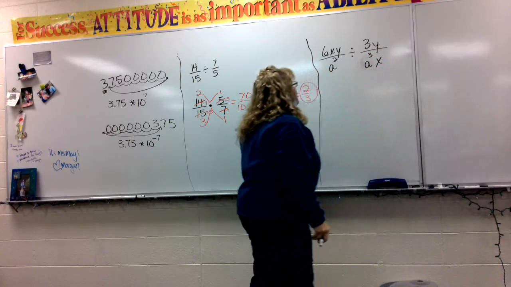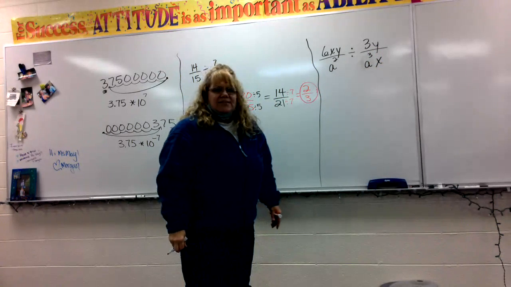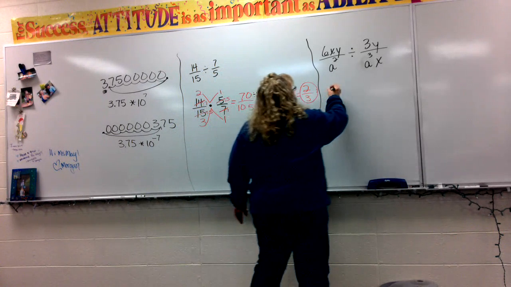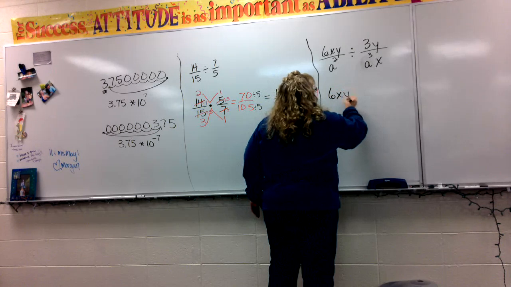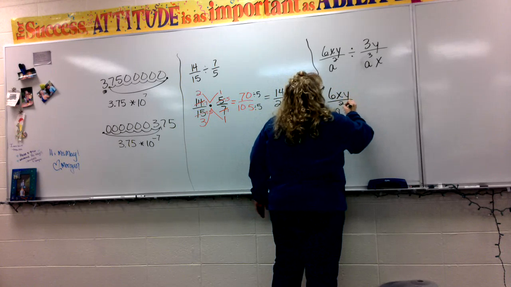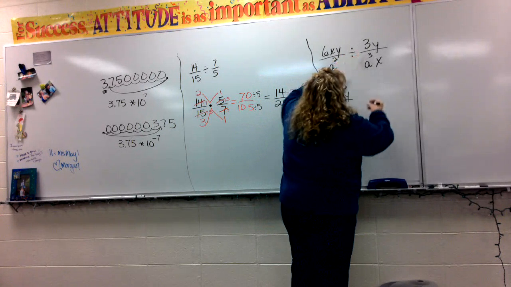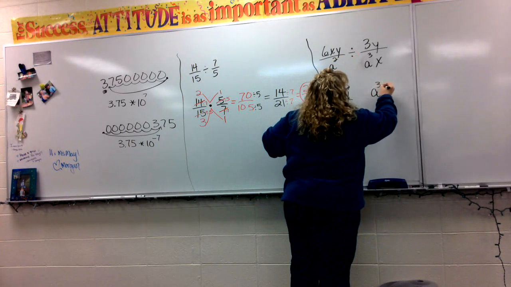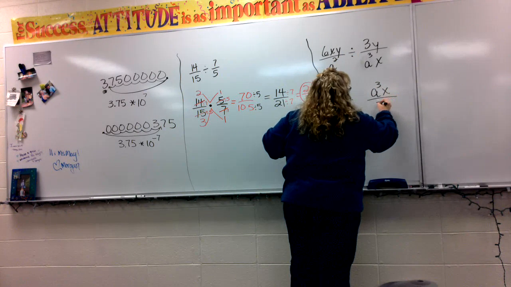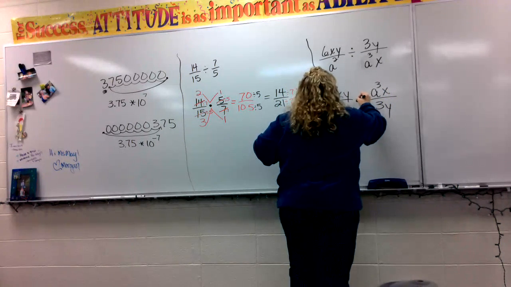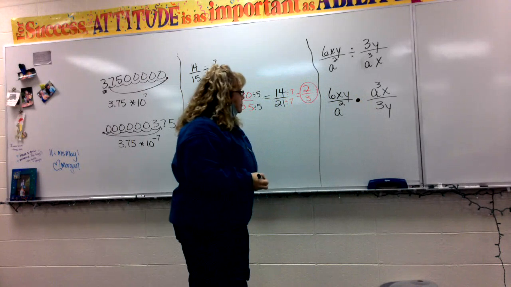And again, if it is dividing, you leave the first thing alone. And what do you do? Take the reciprocal, a to the third x over 3y, instead of divide, multiply.